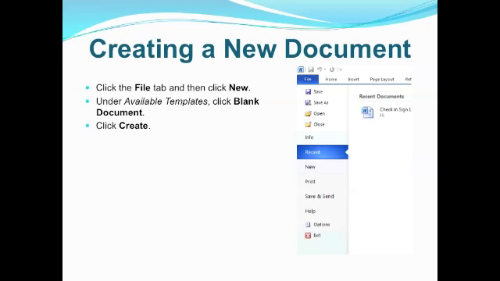And to create a new document, you would click on the File tab, and it would bring up this ribbon. And you would click New. Okay? After New, you have available templates that come up, and it automatically goes on blank document, and then you hit Create, and you have a brand new blank document.